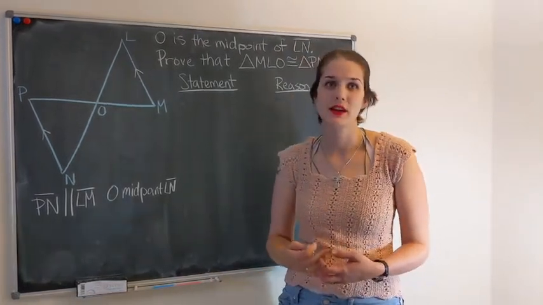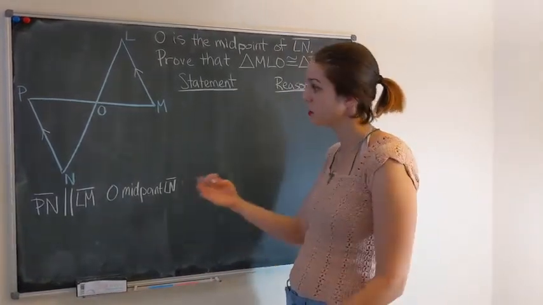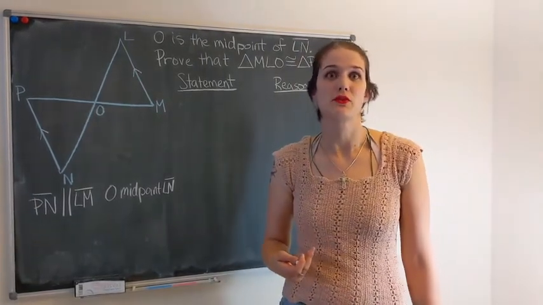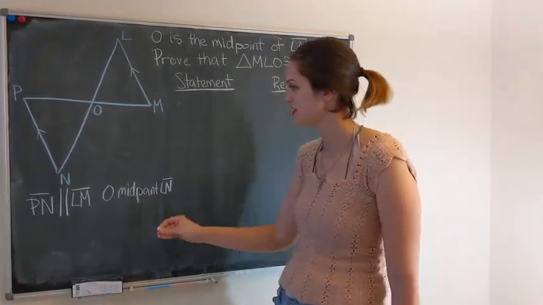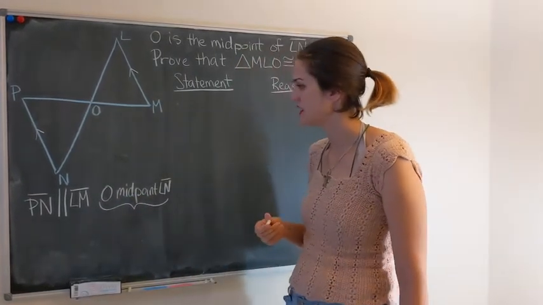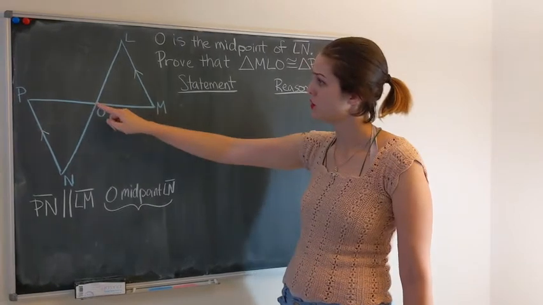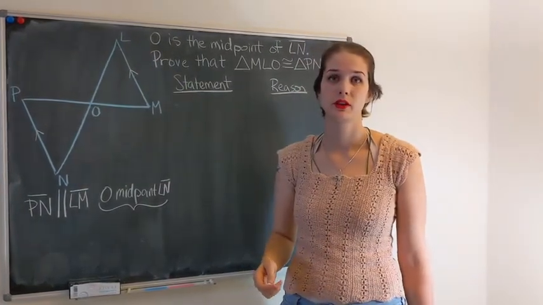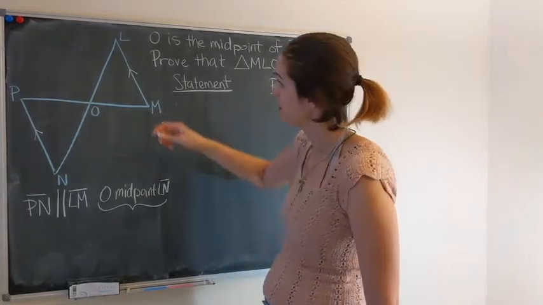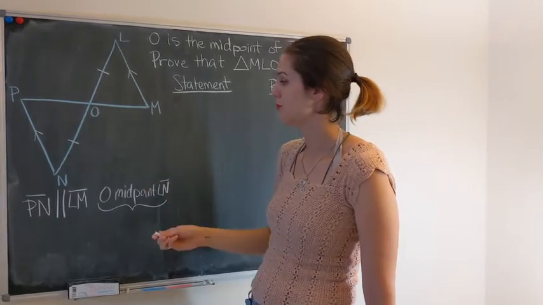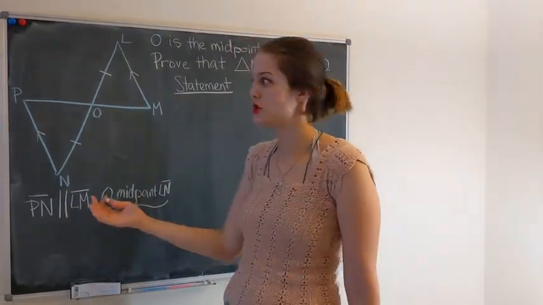Our next step is to look at the diagram, look at this information that we're given, and see what else we can derive from that. So in particular, what information can we get from the fact that O is the midpoint of line segment LN? Well, we can say that LO and NO must be congruent just by the definition of a midpoint.